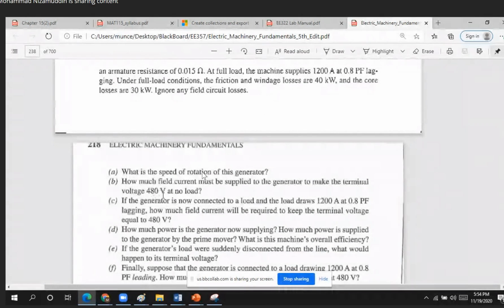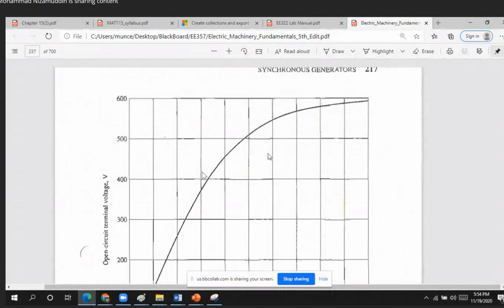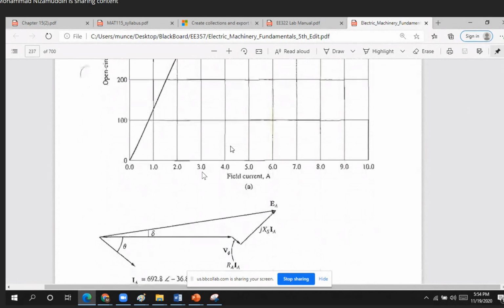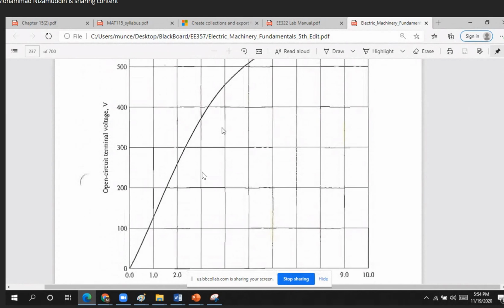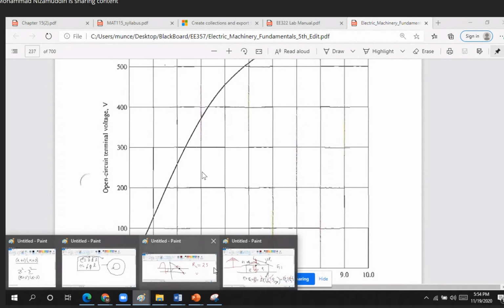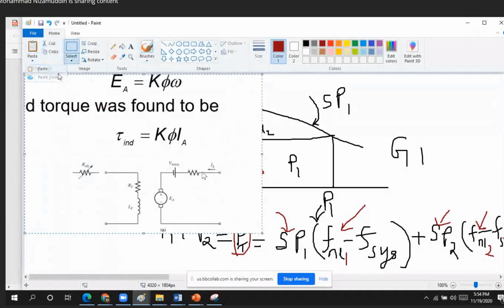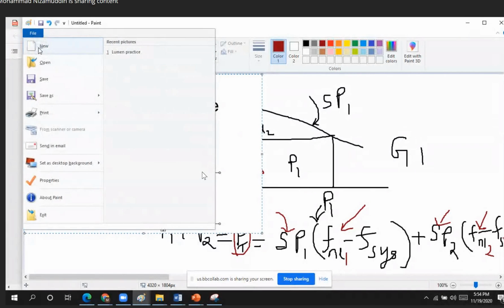No load voltage is 480. You have to go back to see what the field current is, around 4. 4 is how much? Yes, 4.2 or something. You can assume this, but you should draw like this in the test when you are given this kind of graph.